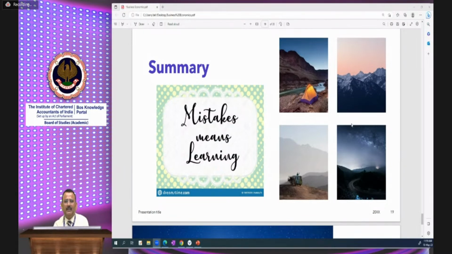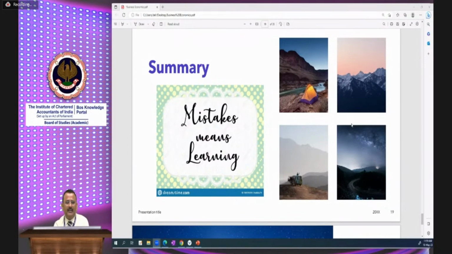What you have done in the past is not important right now. What you will do in the next 15-20 days is more important for scoring marks in the examination. So try to focus on the concepts and on the syllabus.